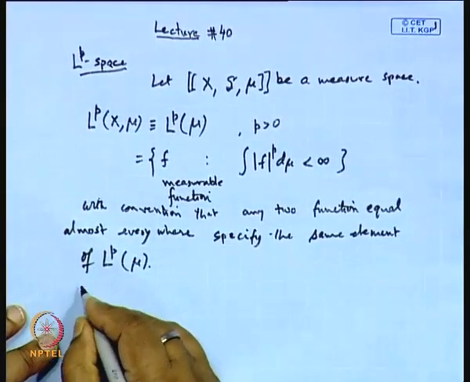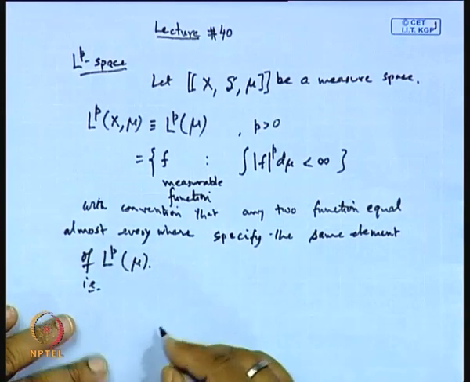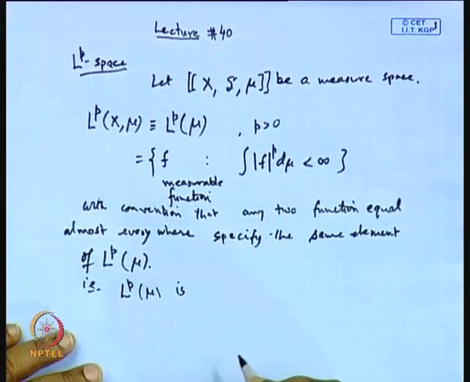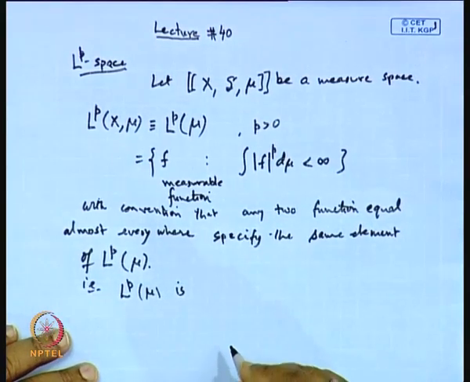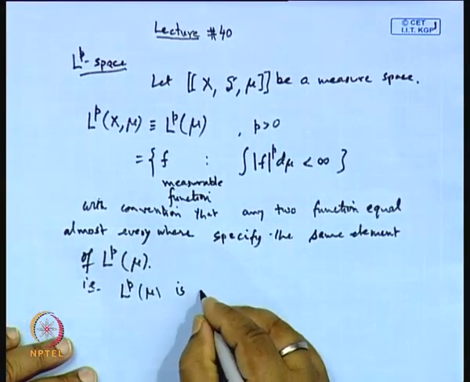So, we can say that capital LP space is basically the collection of classes of functions.